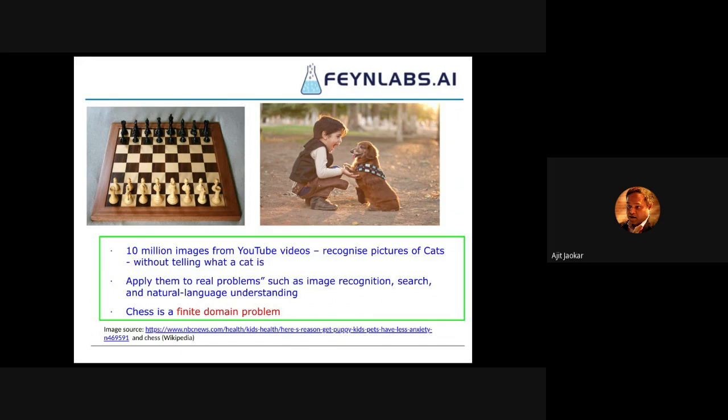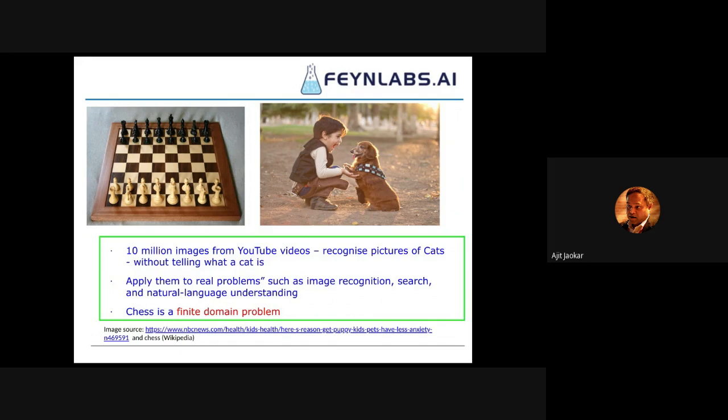But the problem of chess is actually very easy for a computer to learn, because chess is what is called a finite domain problem. A finite domain problem has a domain which is fixed. For example, chess has 8 squares by 8 squares, and every piece behaves in a predictable way. Therefore, from a computer's point of view, it's a matter of calculating all the permutations and combinations for all possible moves of all possible players, and this is then able to defeat anybody else.